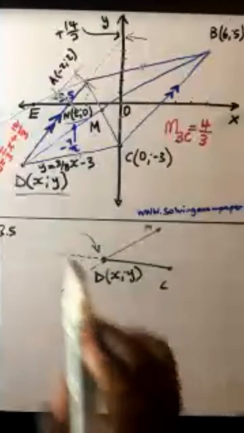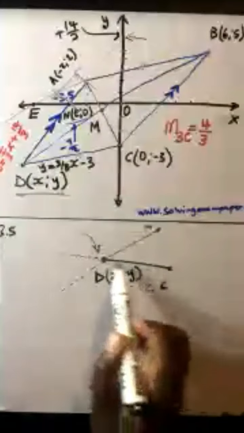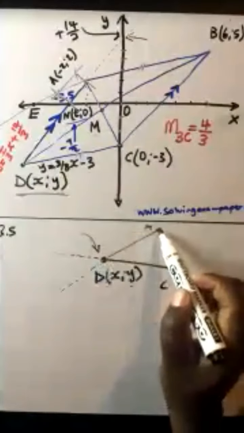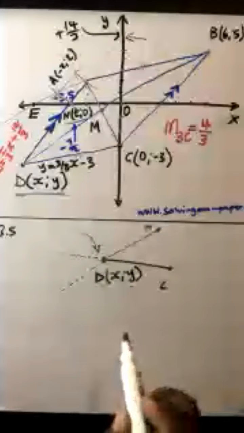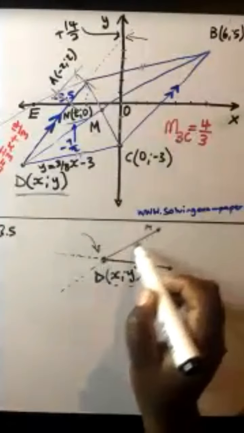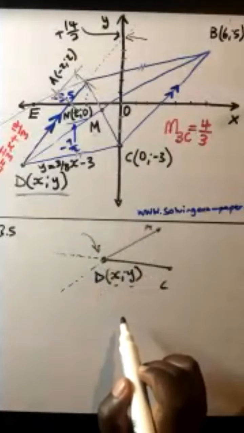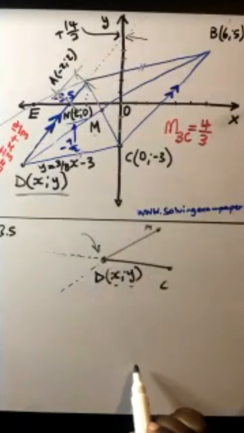The y value of this line is the same y value for that line. Similarly, the x value of that line is the same x value for that line. Why? Because this is the point of intersection.